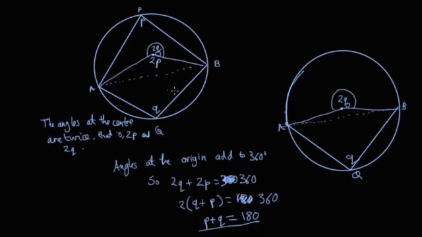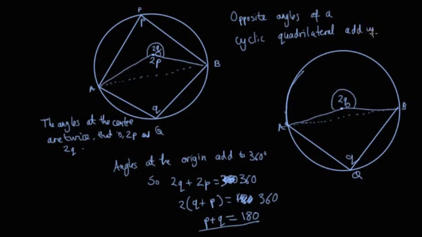So this theorem can be rewritten: we can think of this quadrilateral as a cyclic quadrilateral, because it is a quadrilateral inside a circle, with points A, P, B and Q. Because they form a quadrilateral, we can say opposite angles of a cyclic quadrilateral add up to 180 degrees.